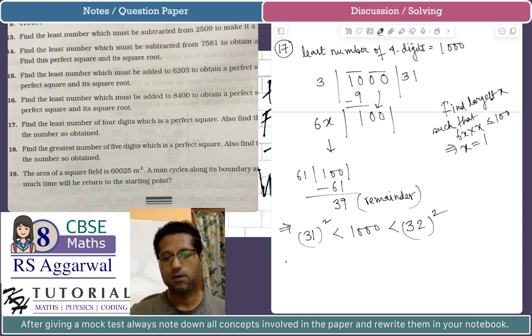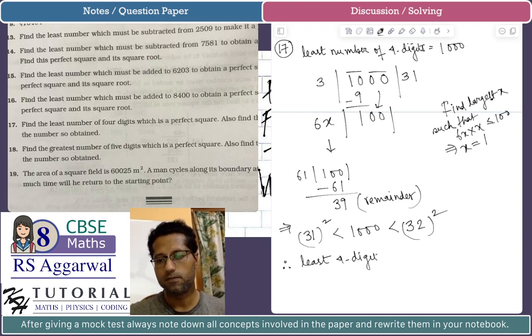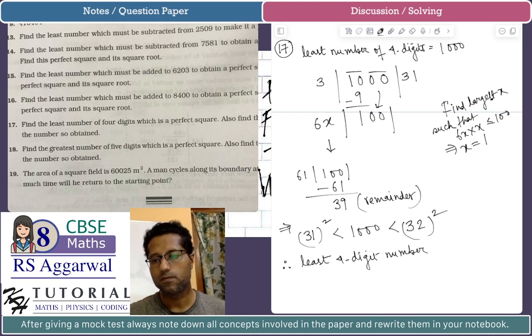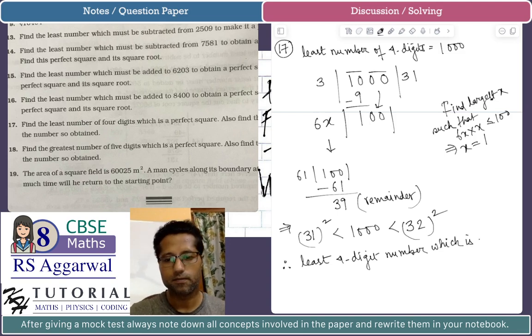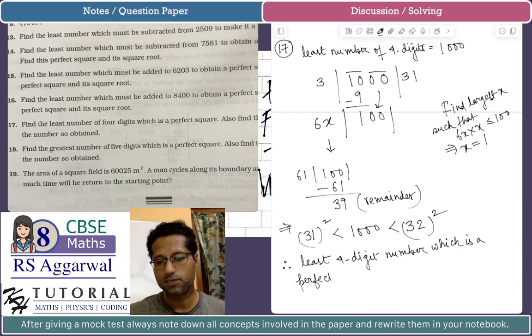Therefore, the least four-digit number which is a perfect square has to be equal to 32 square.